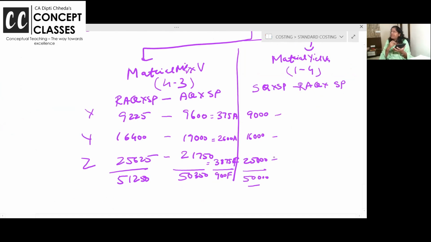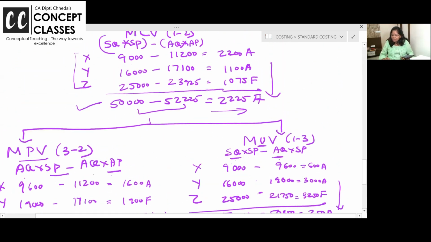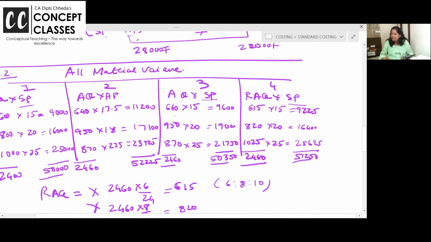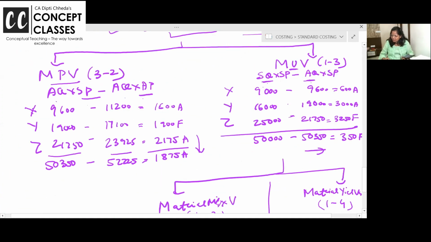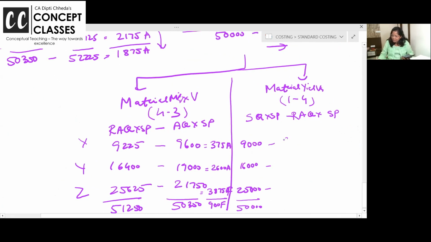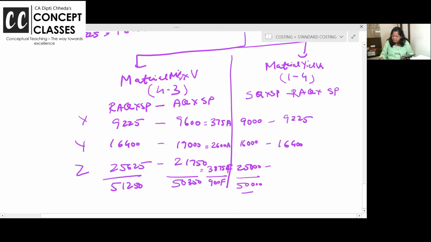Revised actual quantity into the standard price. Fourth column, revised actual quantity into standard price is also ready. 9,225, 16,400, 25,625.